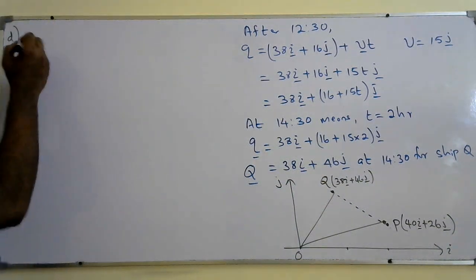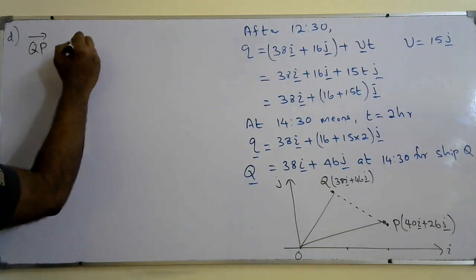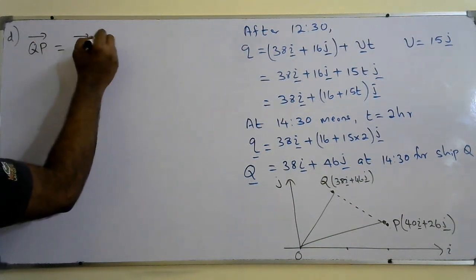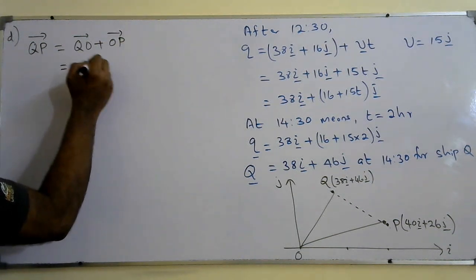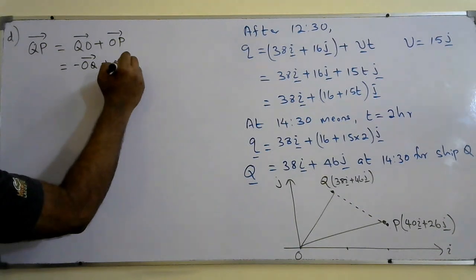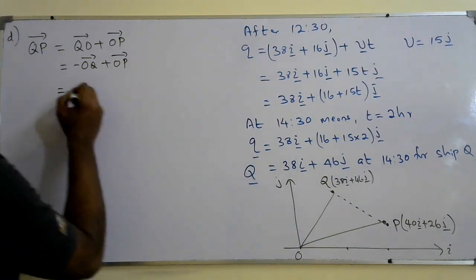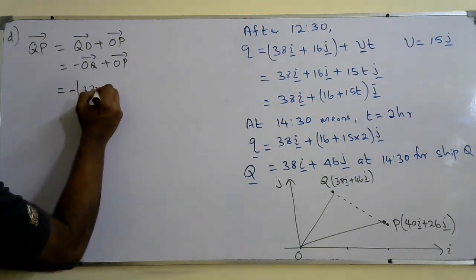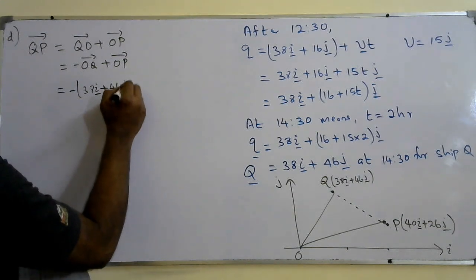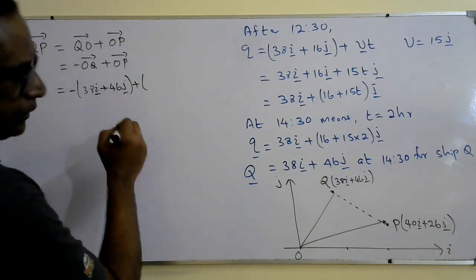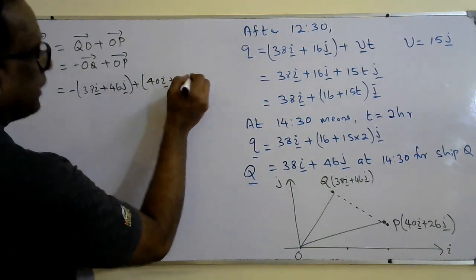So we'll take the vector QP, which is QO plus OP, that is minus OQ plus OP. Minus 38i plus 46j, plus OP, 40i plus 26j.